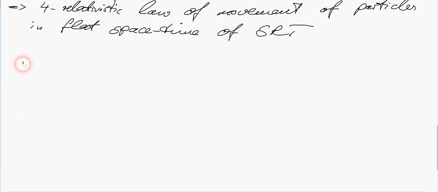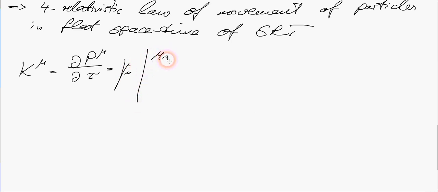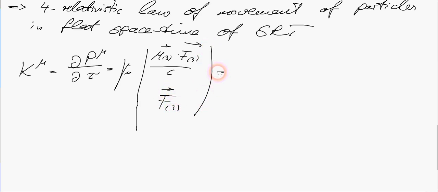This is the following formula: K^mu equals the proper time derivative of the 4-momentum, equals gamma u times (f3 over c, f3). This equals m0, the rest mass, times the 4 acceleration.